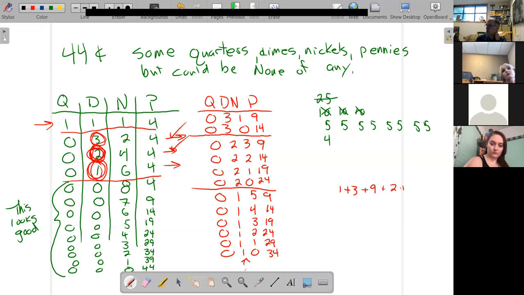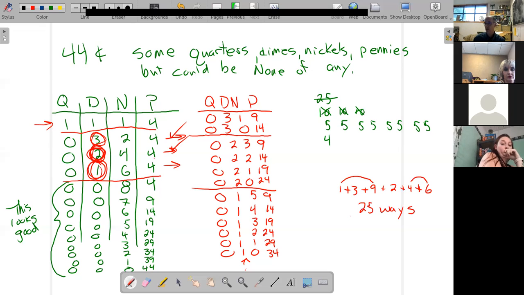Plus 2, plus 4, plus 6. So I think those are all the ways we have here, right? 1, 3, 9, 2, 4, 6. What does that add up to? These two give me a 10. There's another 10 right there. So that's 25 different ways that we can make change for 44 cents with quarters, dimes, nickels, and pennies.